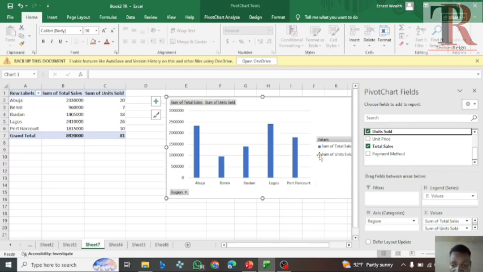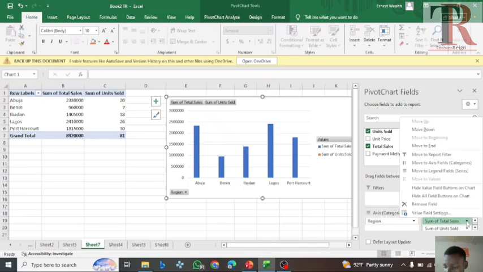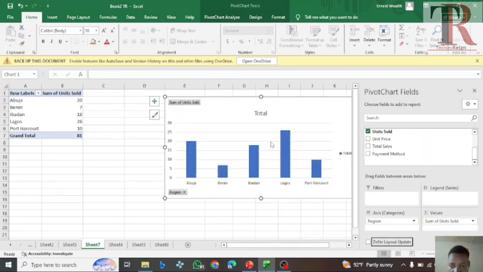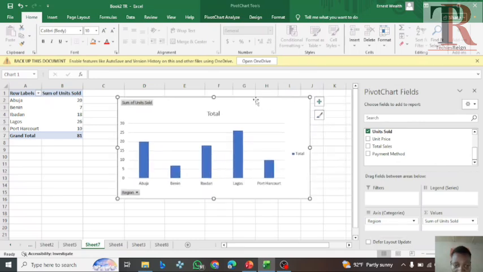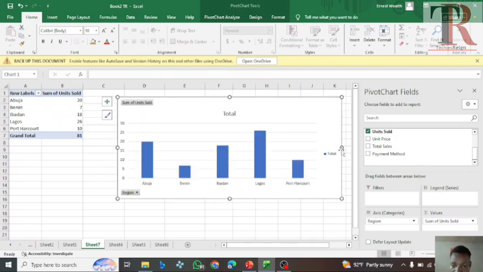Sum of units sold. As you can see, it's not displaying on this chart, but it's here. But it's too small because the values are small. So we remove this sum of total sales, and we have it. Our total sum of units sold.